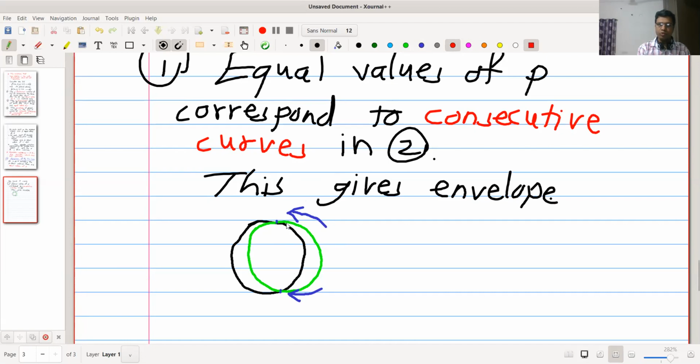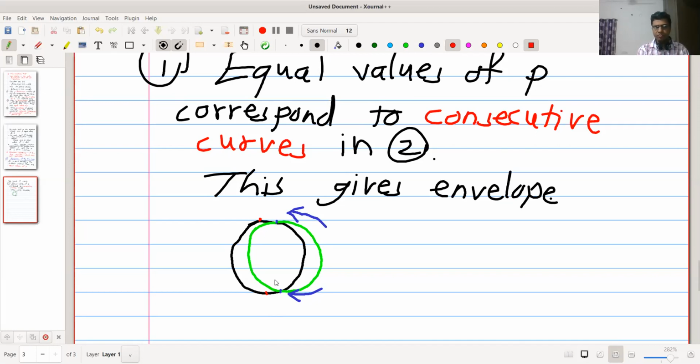That means these 2 curves will match and we get these points as points in the p discriminant relation. That means these form envelope.